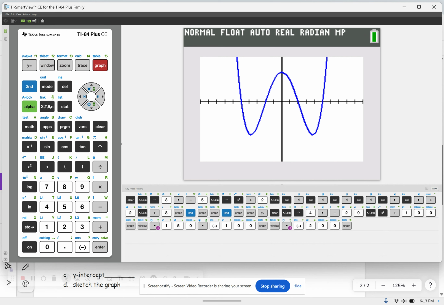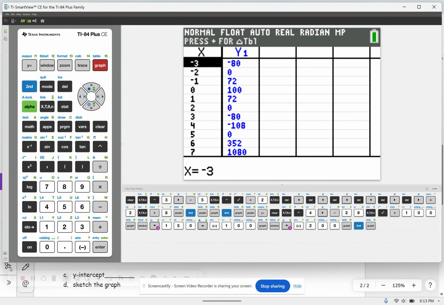So if I was doing this problem, I would say, oh, look, I noticed that the highest exponent was 4, so there's 4 zeros. And I noticed that each one of these just cuts through. So if I go to the table, and I'll just scroll, it looks like we have one at 5, 2, -2, and -5.